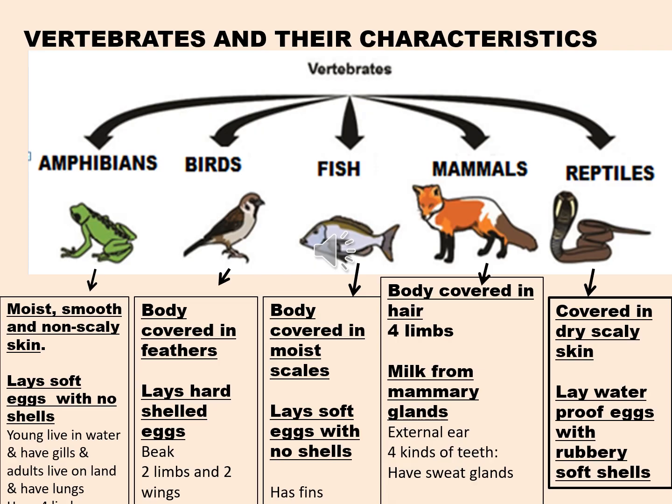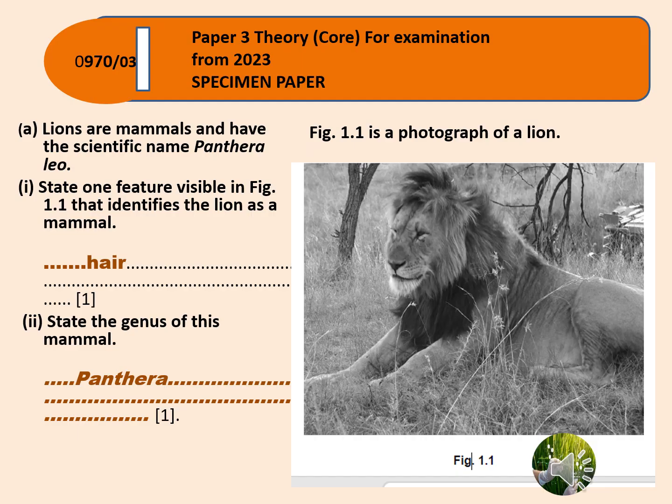Now if we go to the next slide, this is a paper 3 theory question from the specimen paper 2023. Part A, lions are mammals and have the scientific name Panthera leo.